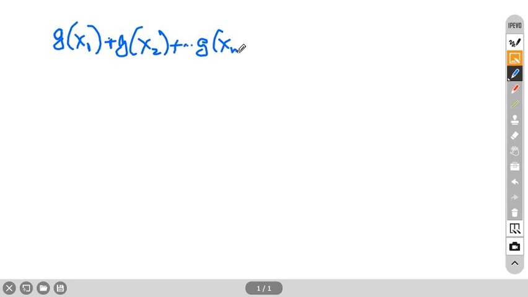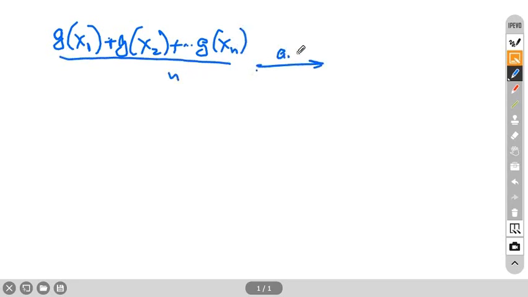I'm doing the following. My aim is to calculate the limit of this average, g of x1 plus g of x2 plus ... plus g of xn, over n.